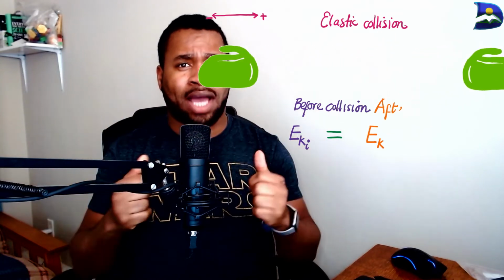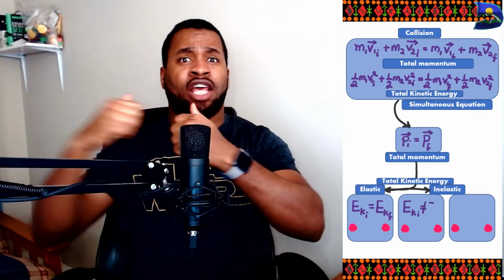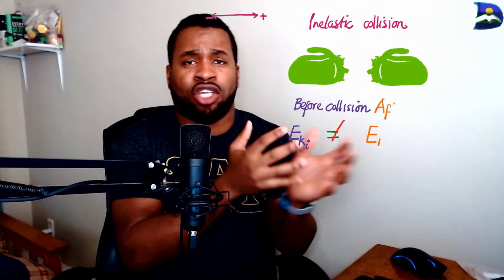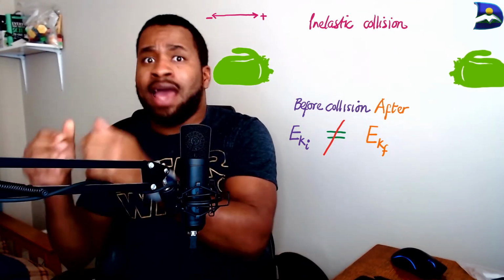However, when we look at inelastic collision, some of the kinetic energy is lost after. So before kinetic energy will be more than after kinetic energy, either in the form of friction or in the form of various deformity of the object. That could be a way by which a specific inelastic collision can be accomplished.